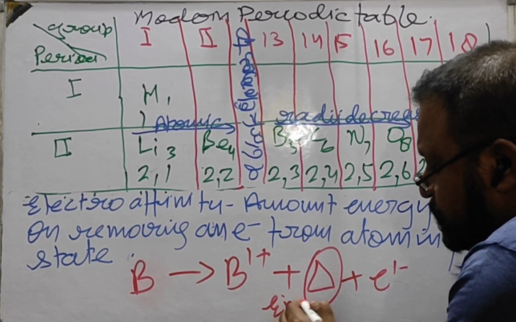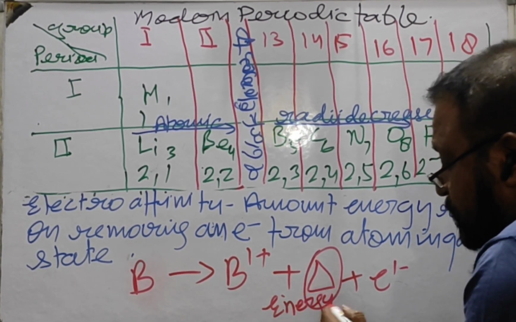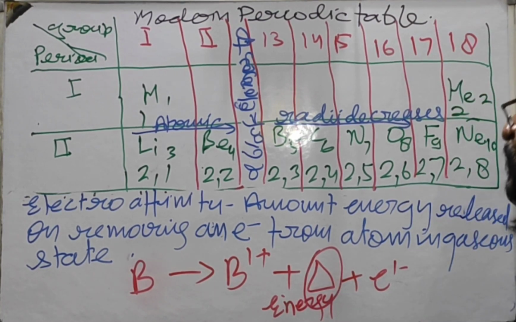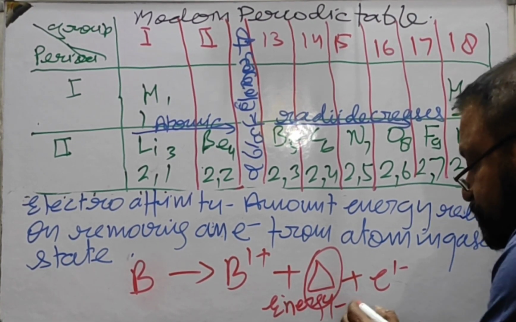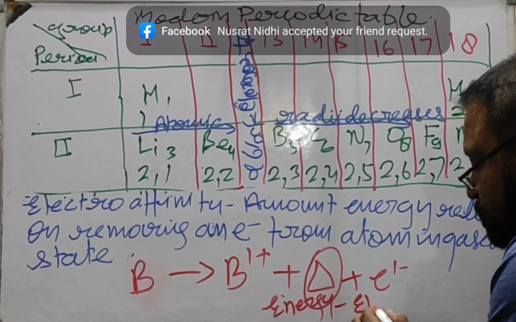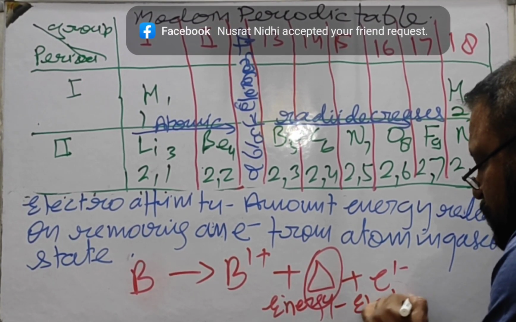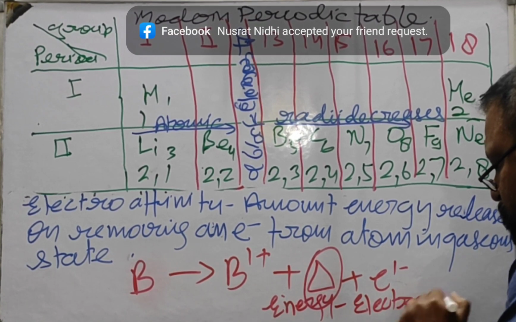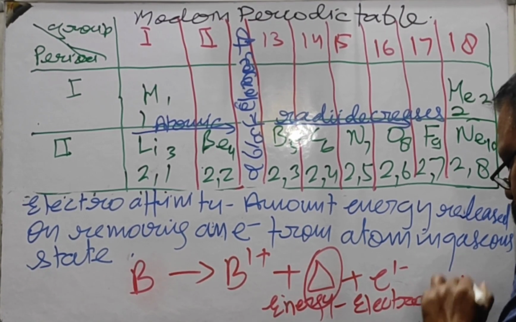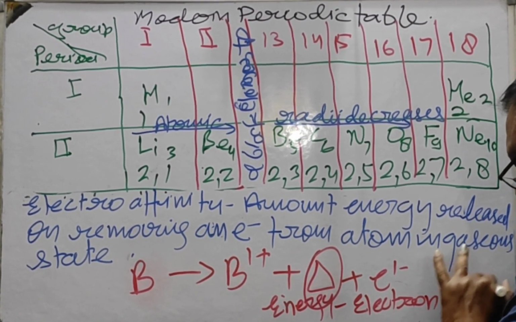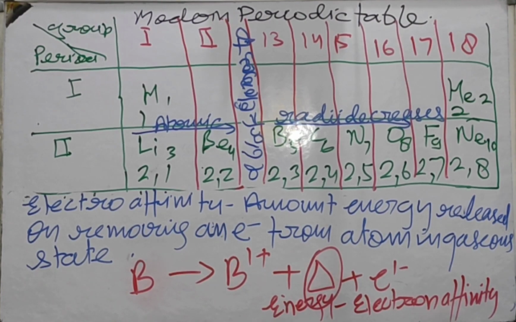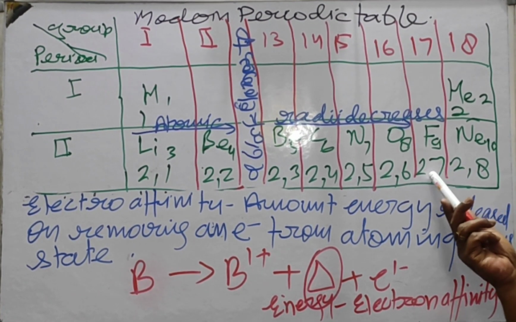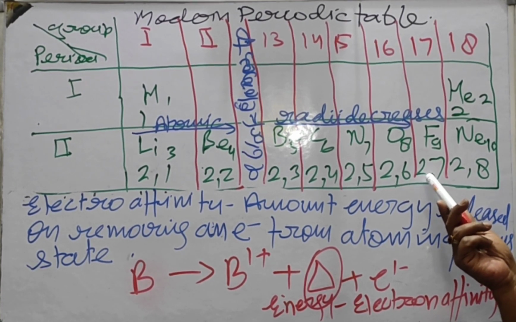This is energy, and this is called electron affinity. I hope you understand these two terms. Electron affinity means, for example, chlorine will have high electron affinity, right?